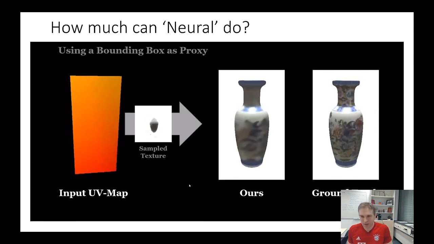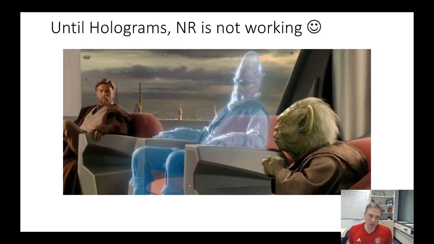So finally, I want to say, of course, until we have holograms, I think we're far away from neural rendering working in practice. Practically speaking, we're actually just at the beginning. If you're pretty honest, yes, it is pretty hot right now in the research area, but this is a super young field, right? It's less than a few years old, basically.